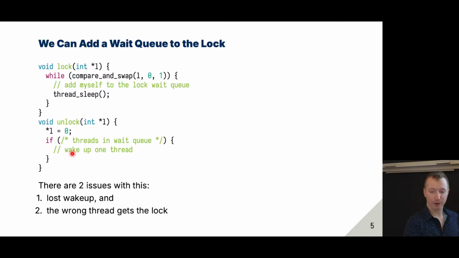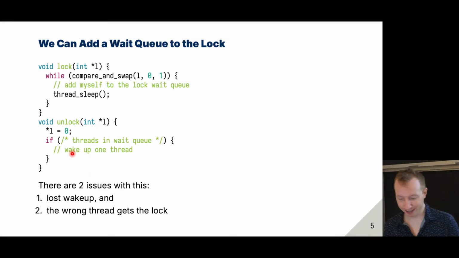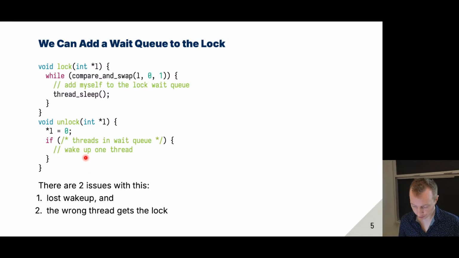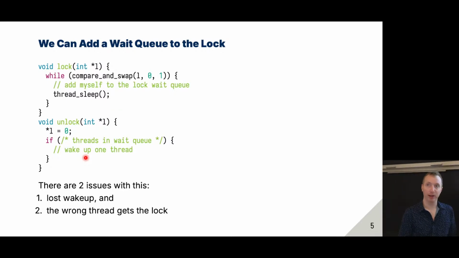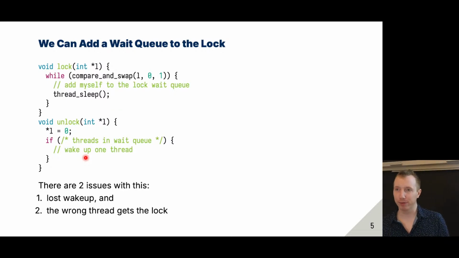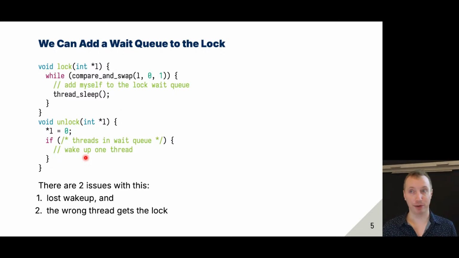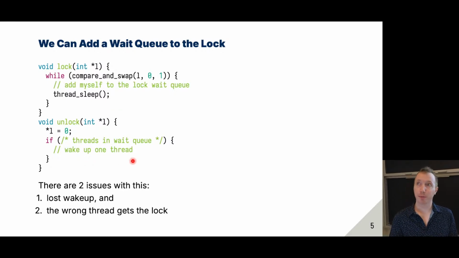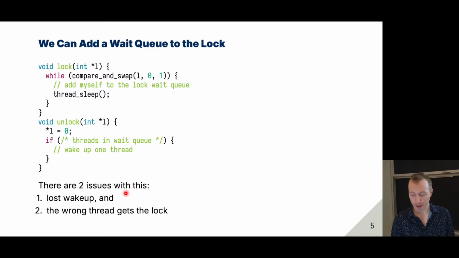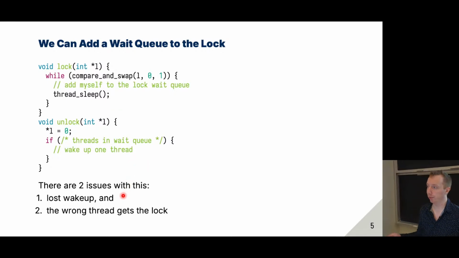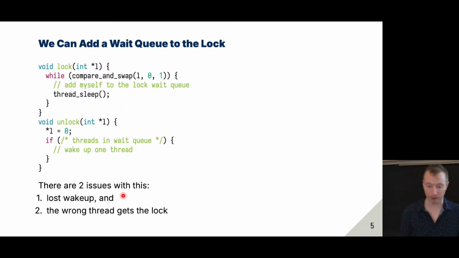So it turns out there are 2 problems with this code as written. One is called a lost wake up, which means there may be a situation, and this fun concurrency stuff is what you will have to do on exams, and when you are programming, you have to reason about these things. Through different threads executing this concurrently, we might have a situation where a lost wake up occurs, and it's going to be our job to illustrate that this is possible.